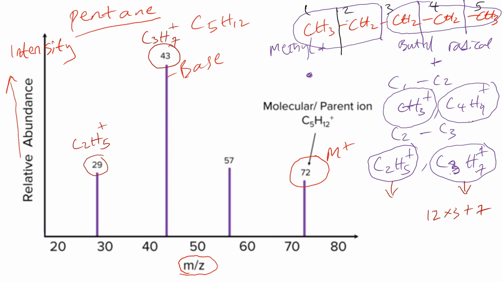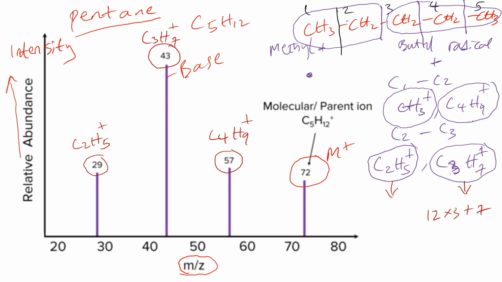That is our butyl carbocation, which gives us 12 times 4 plus 9, 57, and that corresponds to this peak here. I hope that makes sense now. So that's how to identify fragments that belong to peaks in mass spectra.